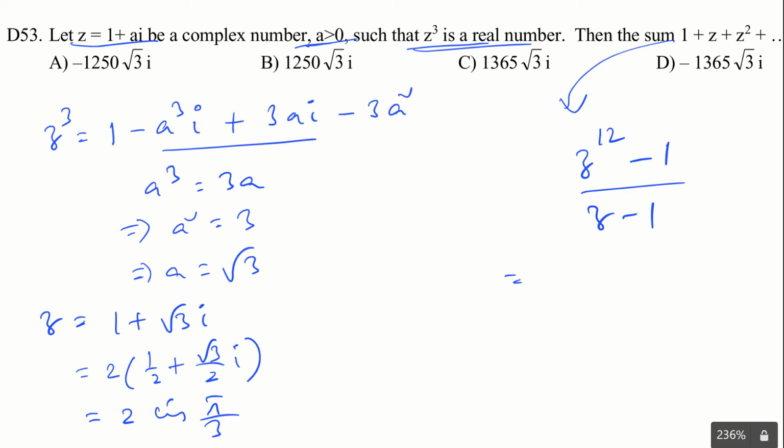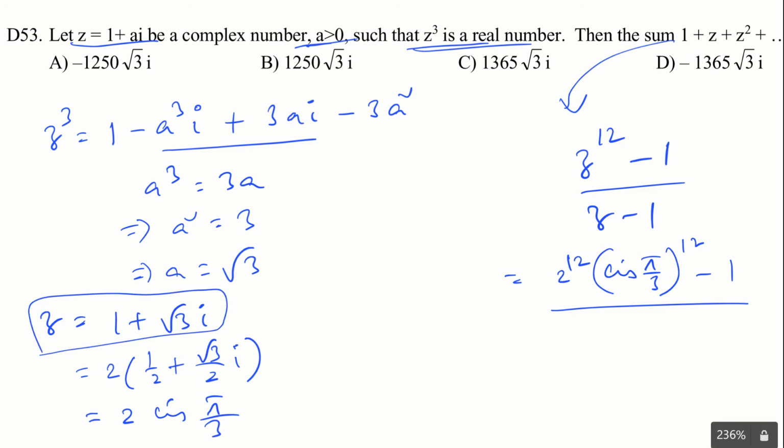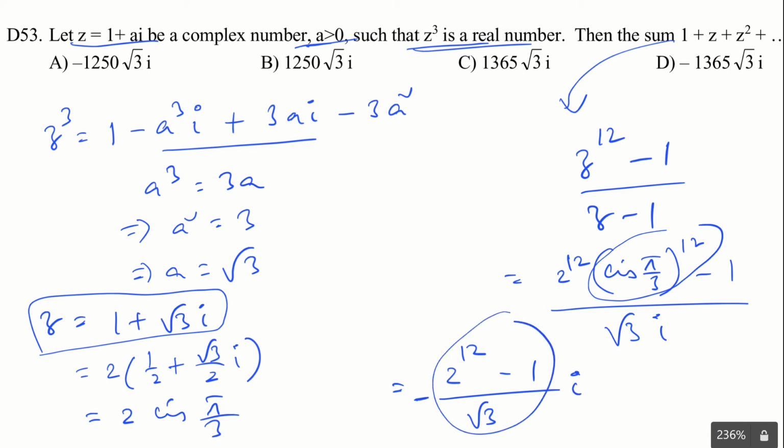So substituting, I have it as 2 power 12 into cos pi by 3 plus i sin pi by 3, whole power 12, minus 1, by z minus 1. From this you can see that z minus 1 is root 3i. So it is 2 power 12, and observe that using De Moivre's theorem this part becomes 1, minus 1 by root 3 i. 1 by i is, I'll write, minus i. Now you simplify this part, you'll get your answer. Let's go to next problem.